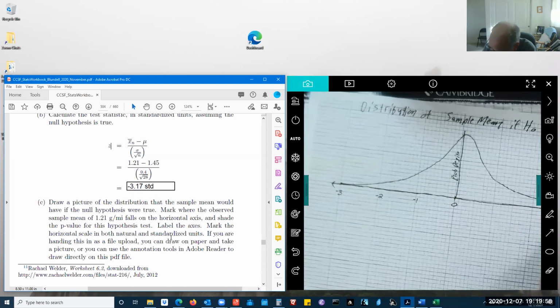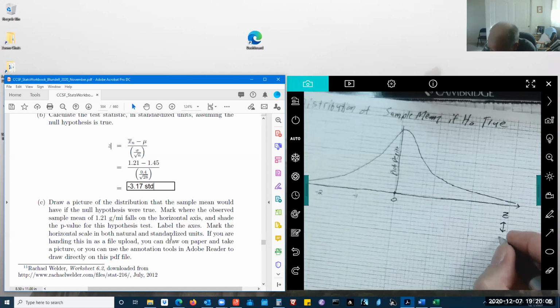And this is Z. We'll also have X bar on the same axis. So this is the sample mean efficiency.